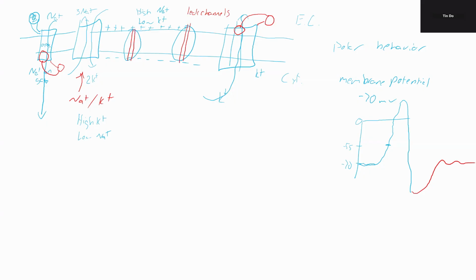Okay. It's like a sink, right? If you plug up a sink and turn on the faucet, the water is going to flow, but it won't overflow because there are leak channels embedded in the sink to prevent the overflow. And same idea here, we're going to need leak channels in the membrane to prevent the over concentration of the sodium or potassium ions.